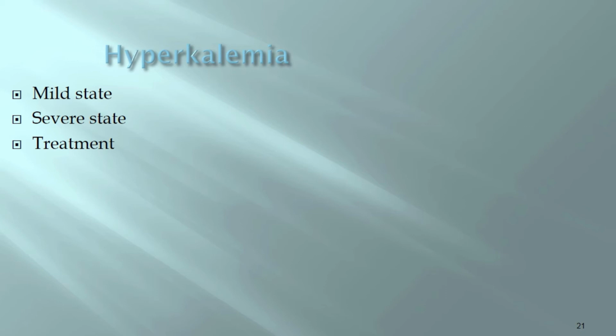So we can actually administer glucose if the patient can produce their own insulin. If we administer glucose, the patient will have a boost in insulin, which will cause the movement of potassium into the intracellular space.